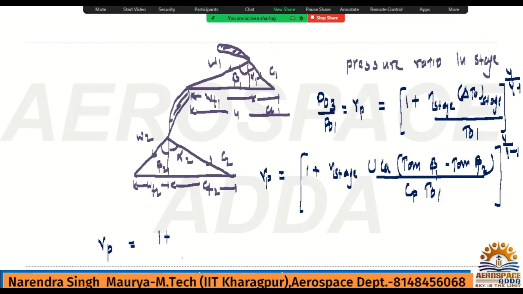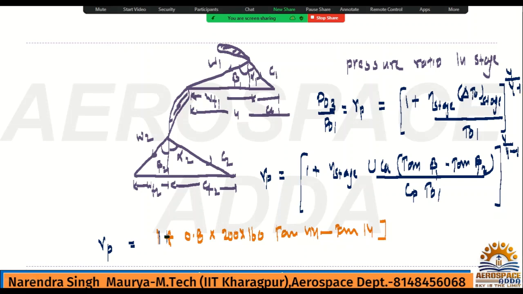So 1 plus 0.8 into U, which is 200, into Ca, which is 160, into tan beta 1, which is 44, minus tan beta 2, which is 14.